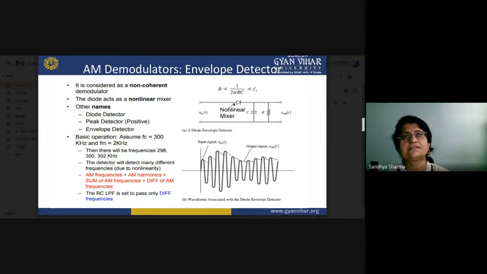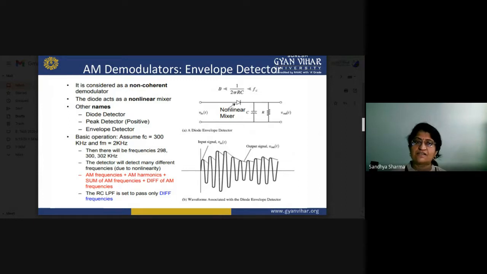But we cannot receive a completely smooth signal; we receive the signal in a slightly zigzag fashion. By applying a low pass filter, we can smoothly filter out these ripples, and then we can receive the smooth sinusoidal waveform of our modulating signal.